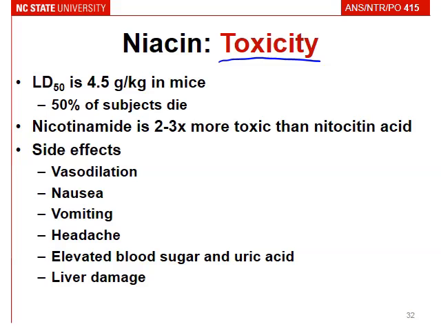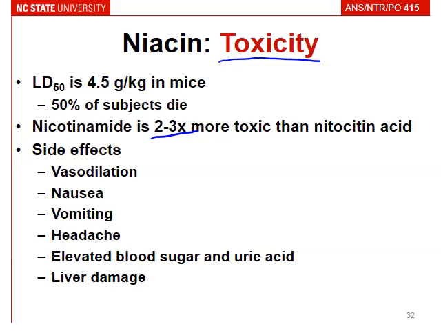And just as we have different bioavailabilities or efficacious compounds with other vitamins, we have the same thing occur with niacin. So our nicotinamide is more bioavailable. So consequently, since this is greater bioavailable, it is more toxic. So it's 2 to 3 times more toxic than nicotinic acid.